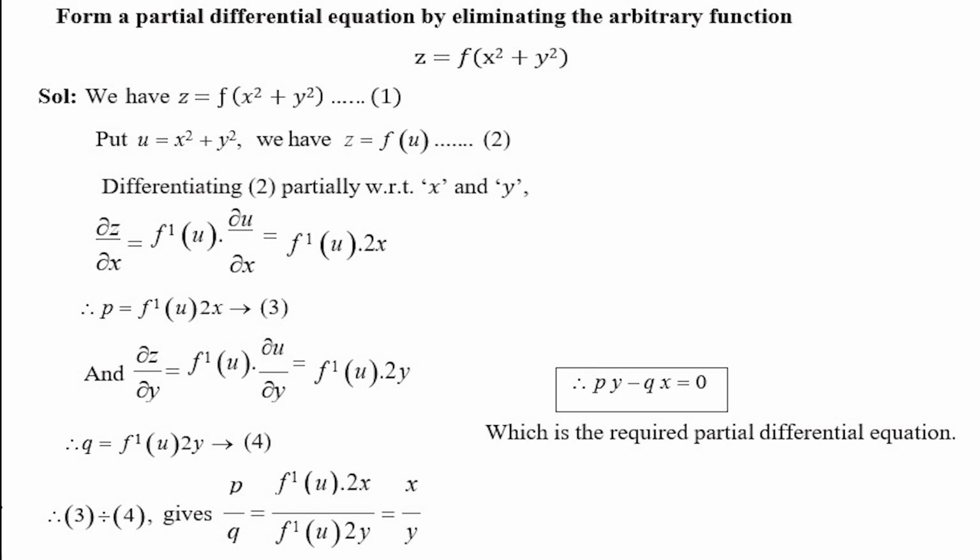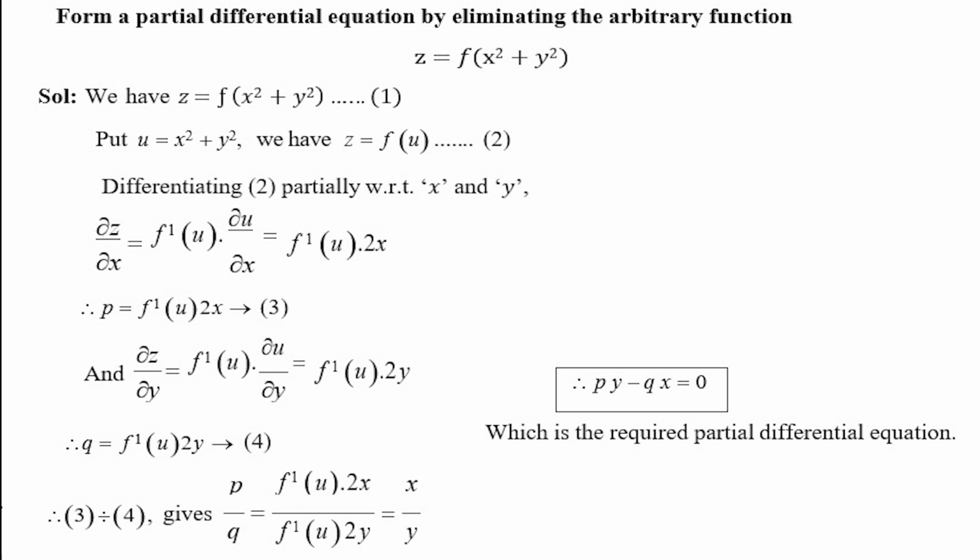Already we know the notation ∂z/∂x equal to p. So p equal to f dash of u into 2x. Similarly, we differentiate equation number 2 partially with respect to y. We get ∂z/∂y equal to f dash of u into ∂u/∂y, which is equal to f dash of u into the derivative of u with respect to y.